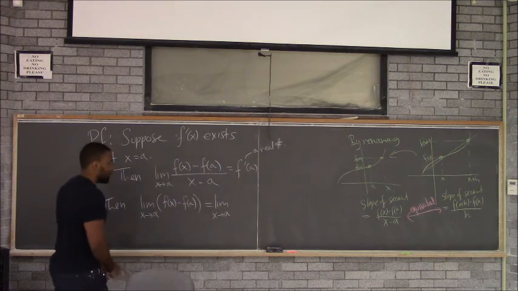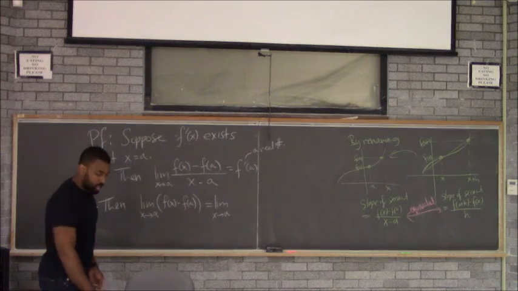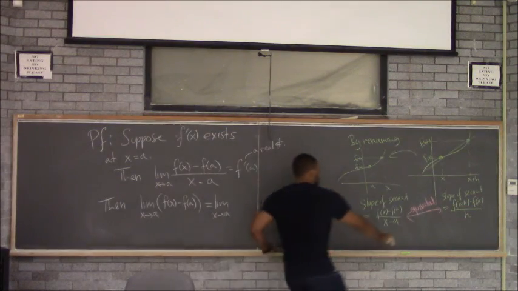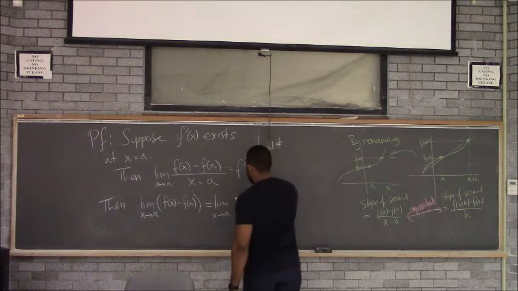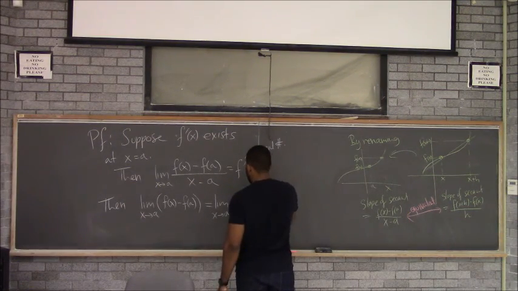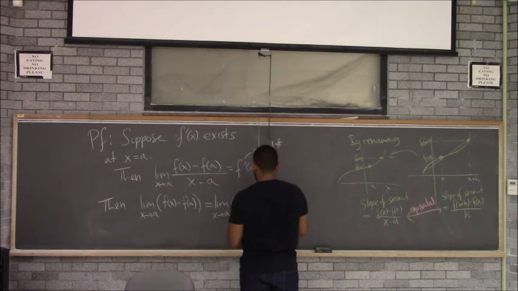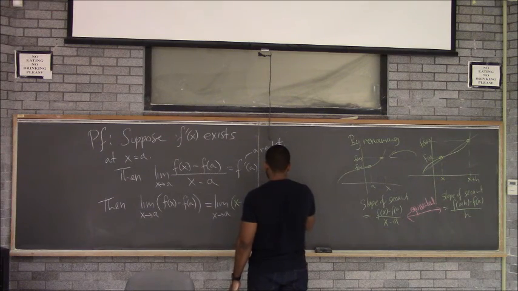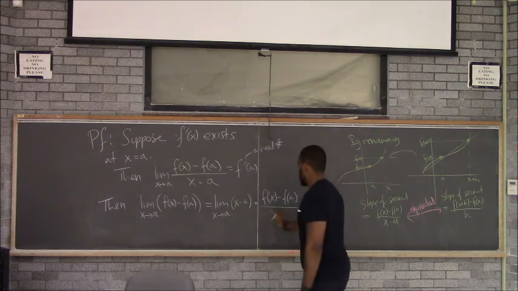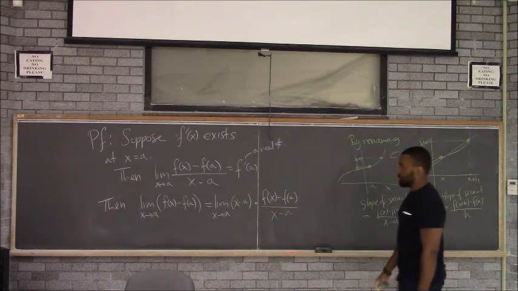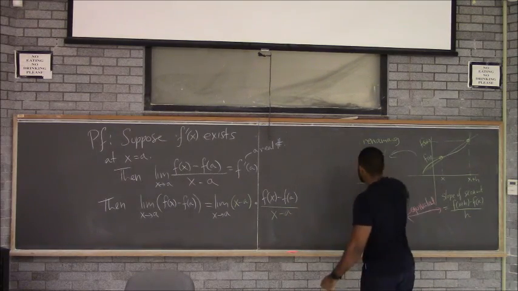I'm going to do this thing where I multiply and divide by something convenient because it's convenient. I can multiply by x minus a, and then I can divide by x minus a as well. Multiply and divide by x minus a.